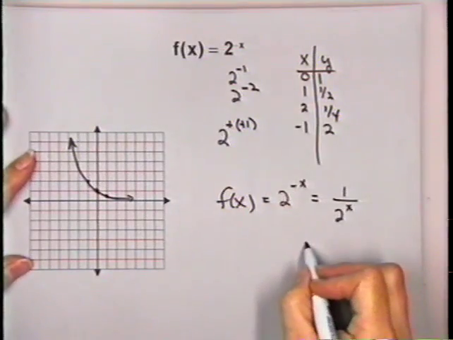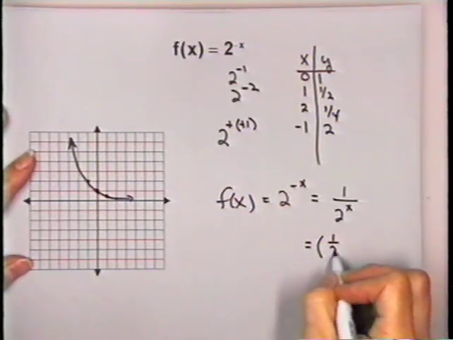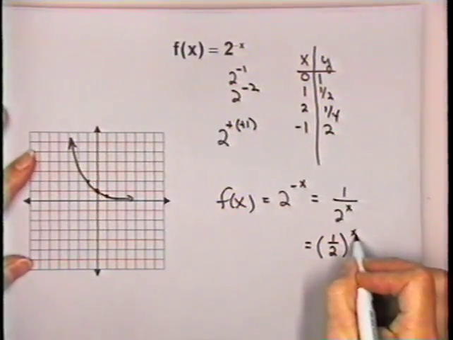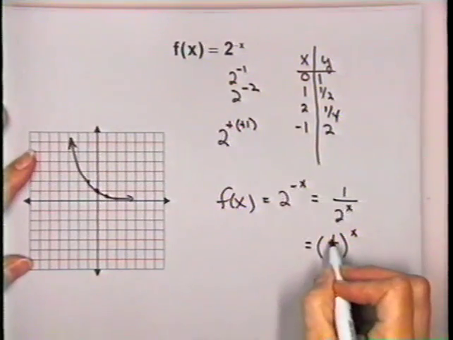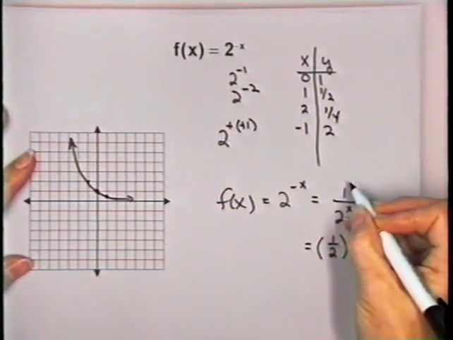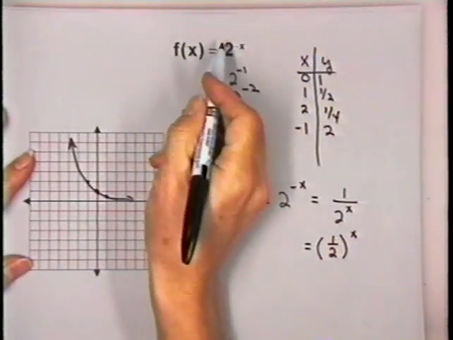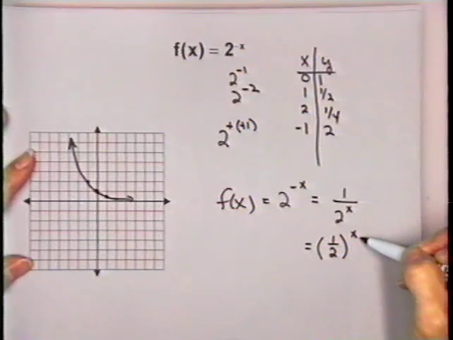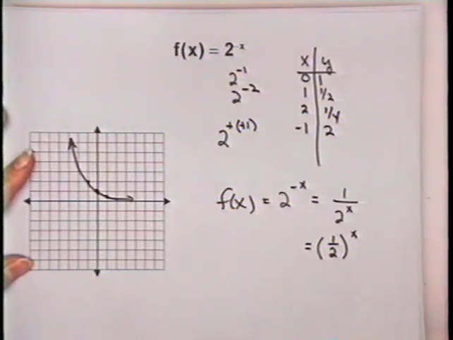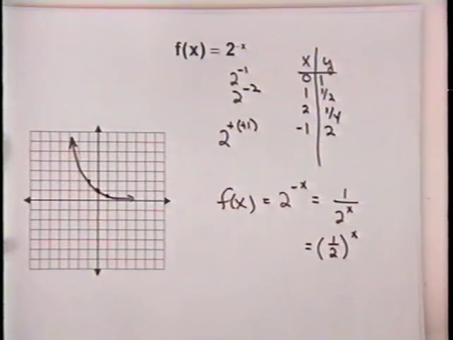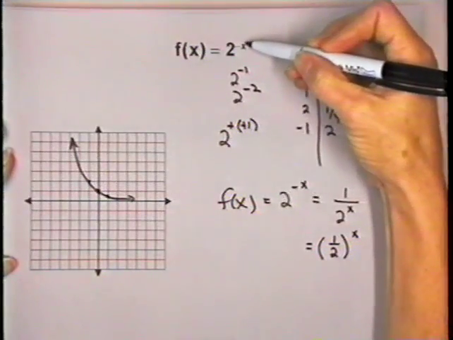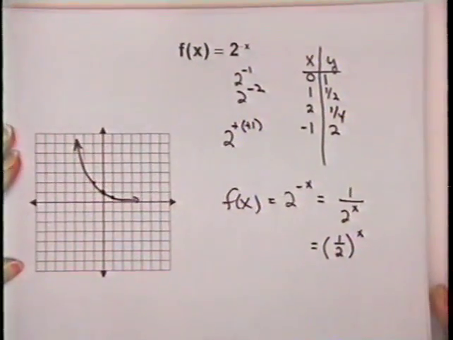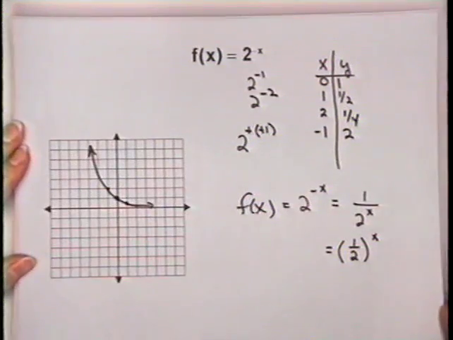Now, look at that. Is that the same thing as saying 1/2 to the x power? It will be, because 1 to any power is still 1. So I could rewrite 2 to the negative x as 1/2 to the x power. And so I should get the same graph that we had a moment ago. So having this negative on that x is kind of like having a fractional base, isn't it?